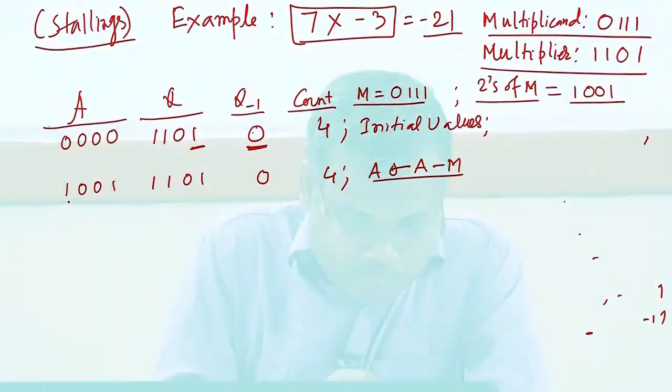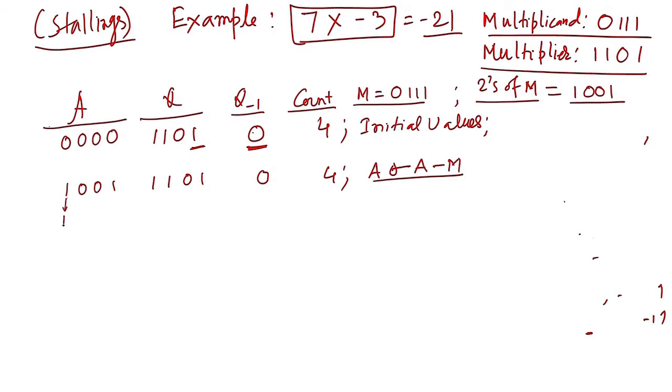So, arithmetic right shift means this one will go down here and this one will come here, and this will be 3. So, here we did the arithmetic right shift of A Q Q minus 1, and obviously the counter is reduced.